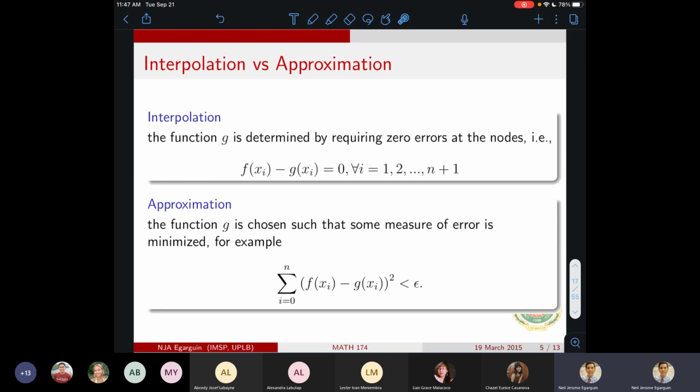But interpolation is a much more specific type of approximation, wherein the measure of error that we impose on the function g is having 0 error at the data nodes or at the interpolatory abscissas. Okay? So hopefully kaya niyong i-reason out pag nagpa-problem set ako. Pwedeng posibleng question number 1 is differentiate interpolation from approximation. So yun yung mga tipo ng mga tanong na makikita nyo sa mga problem sets.